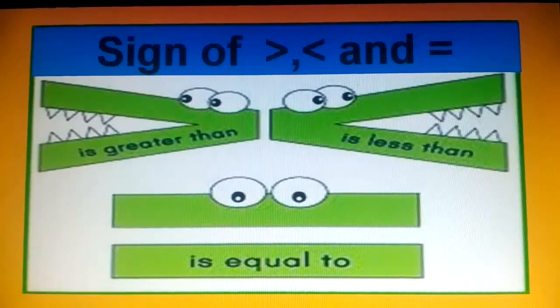I am denoting greater than and less than by a cartoon character, a pictorial cartoon. This is looking like the mouth of a crocodile. This is the symbol of greater than, this is the symbol of less than and this one is the symbol of is equal to.